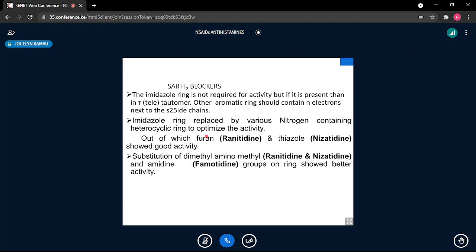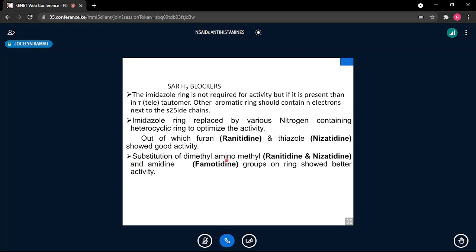Imidazole was replaced by various nitrogen-containing heterocyclic rings to optimize the activity. So we have seen that the imidazole ring can be replaced by a furan ring or a thiazole ring with retention of activity, out of which the furan found in ranitidine and the thiazole found in nizatidine showed good activity.